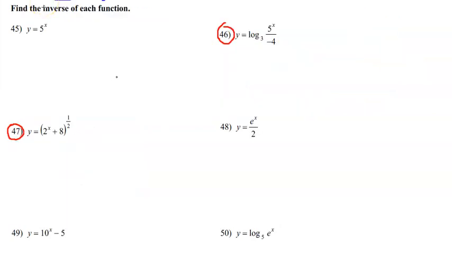Alright, let's go ahead and find the inverse of each of these functions. So if you look at the last page of your exponents manual, on the rubric page of Canvas, you can find something about exponential inverses. So if we have log base b of x equals y, then the inverse would be b to the y equals x.